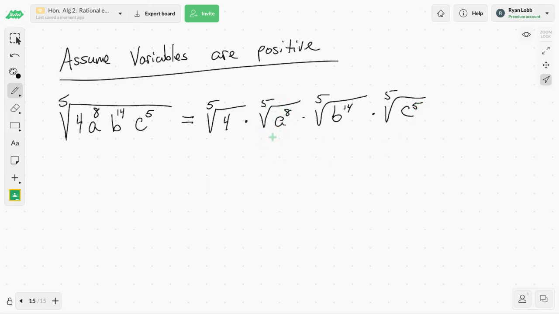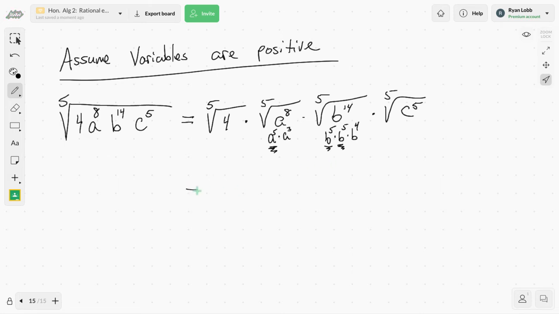Well, yeah, because I have a to the 5th times a cubed. A to the 8th is a to the 5th times a cubed, so there's a perfect fifth power I can take out. B to the 14th is b to the 5th times b to the 5th times b to the 4th, so I have perfect fifth powers there. And here I have c to the 5th.